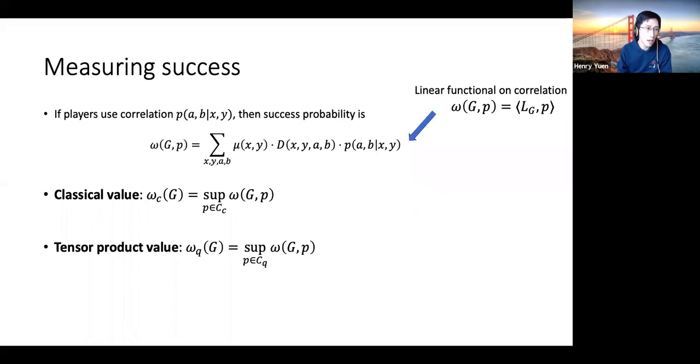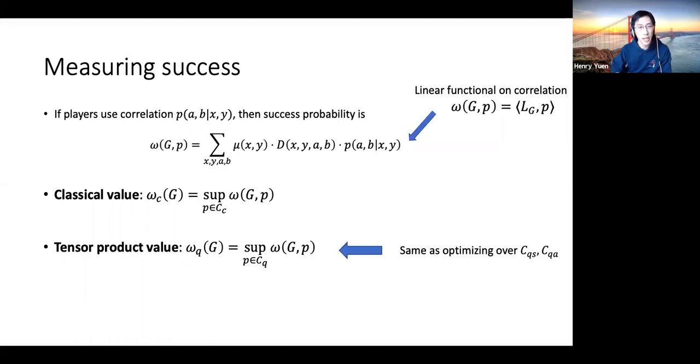And similarly, if you allow the players to use quantum correlations, in particular the finite dimensional correlations, then we get something called the tensor product value. So this is omega Q of a game G, take the supremum over the set C sub Q.